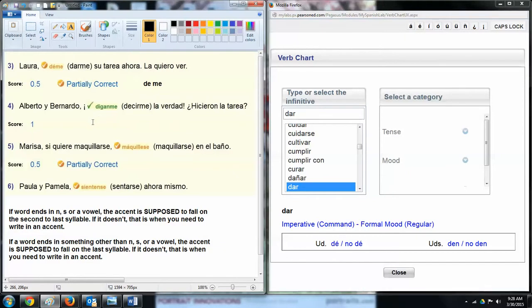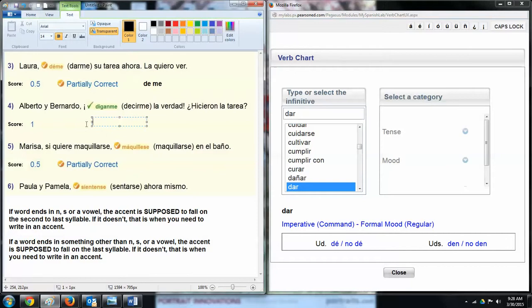"Digan me," you got right. You look at the word digan. Words that end in N, S, or a vowel are supposed to get accented on the second to last syllable. That's the I, so I don't write it in. However, when I add the me, I have now made this a three-syllable word.